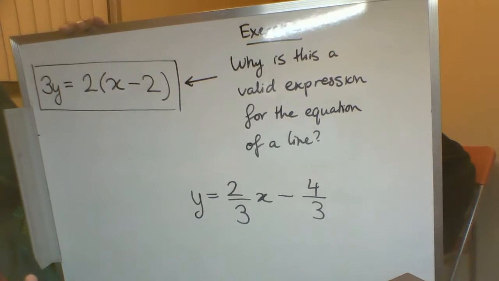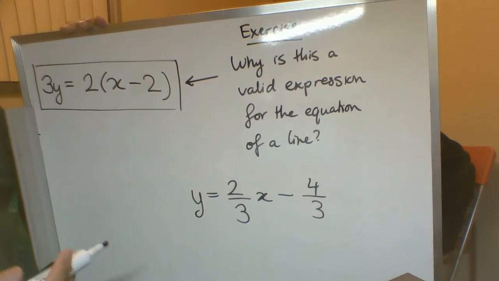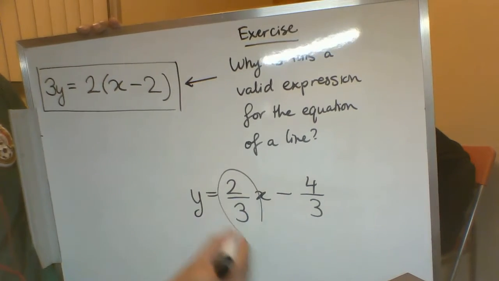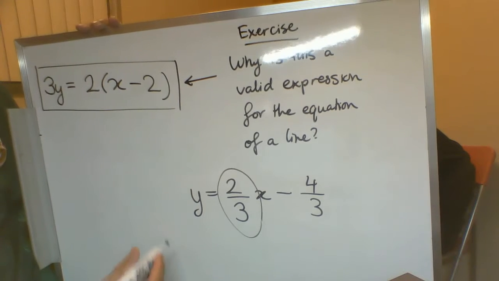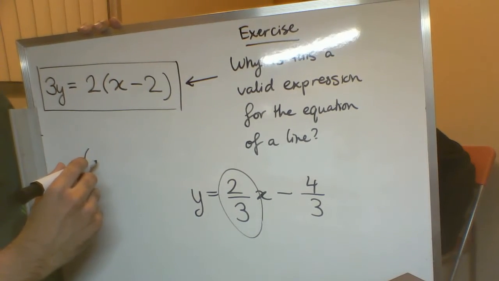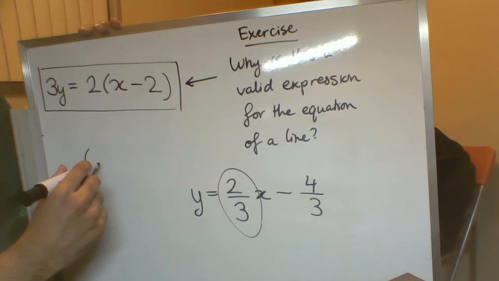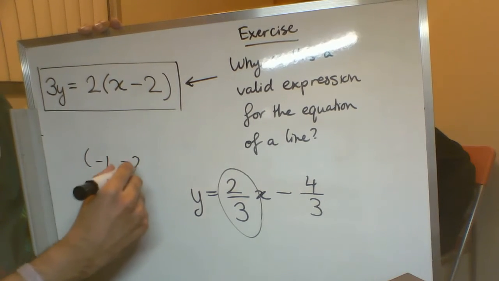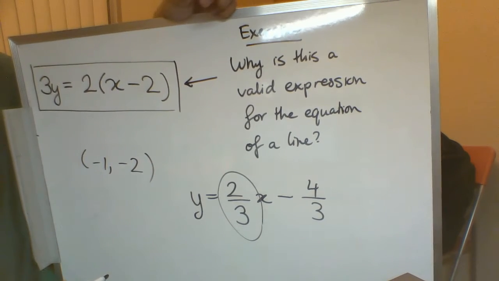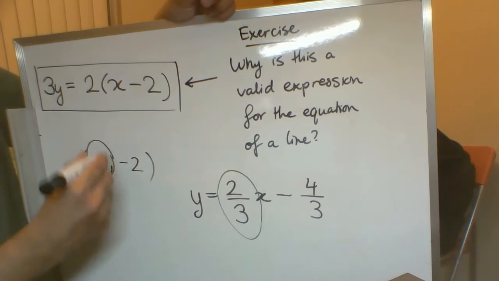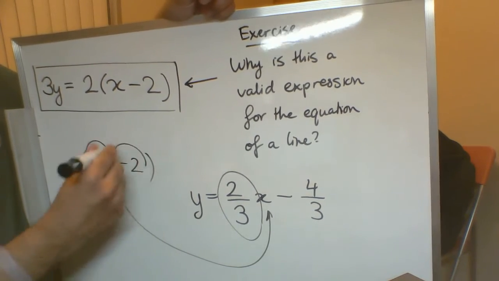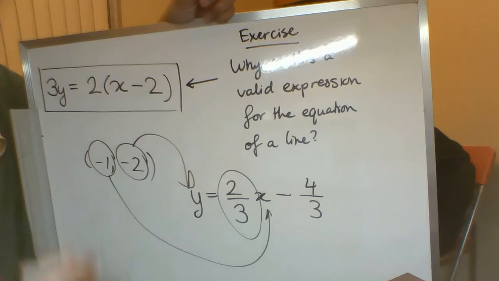This was the equation that we got from the graph of the line that we drew. If you remember, first we used the 2 points that we were given to find our slope, and then we took our slope and one of the points. I think it was -1, -2 that we ended up using. We took the x-coordinate, this -1, and subbed it in place of the x, and took this -2 and subbed it in place of the y.